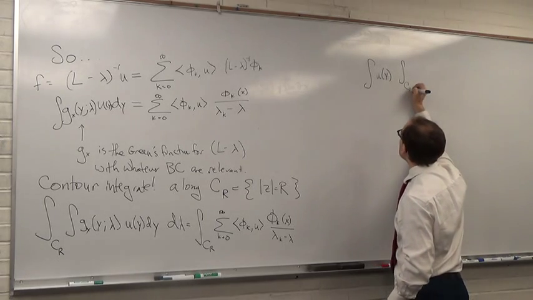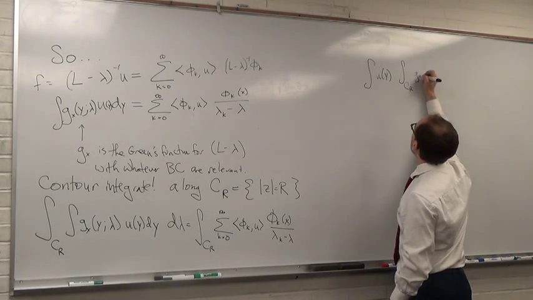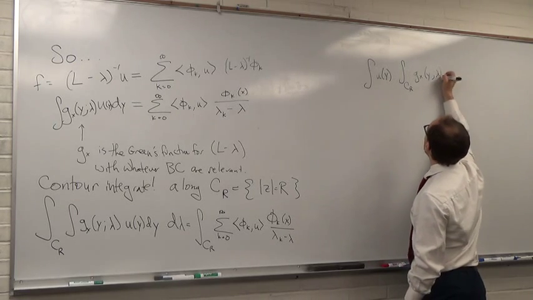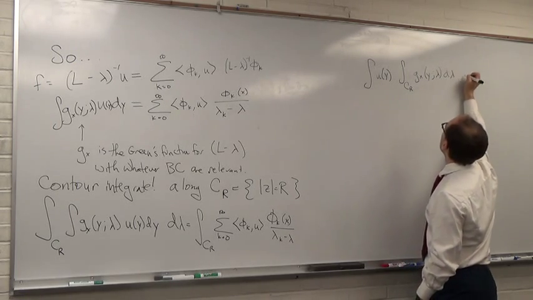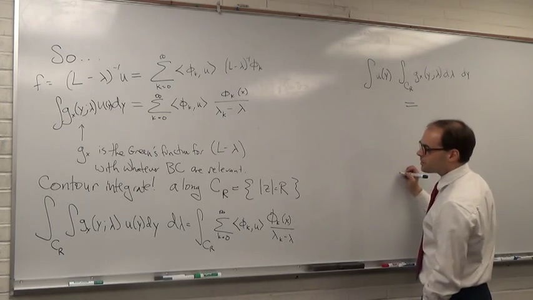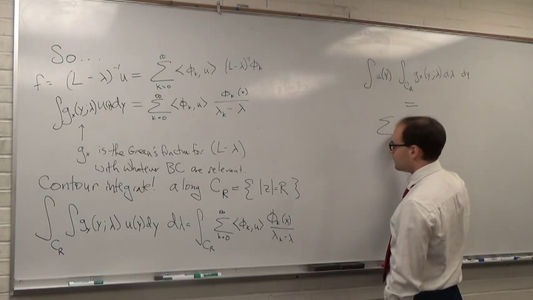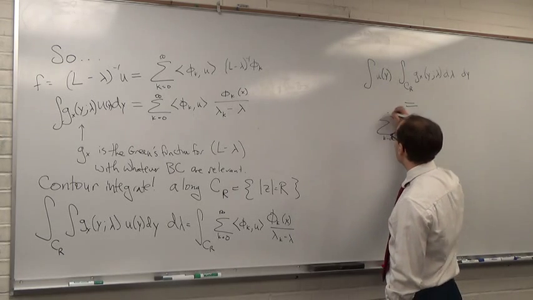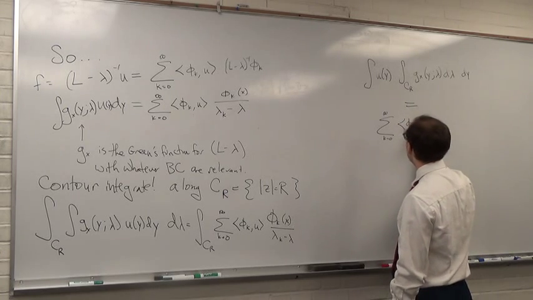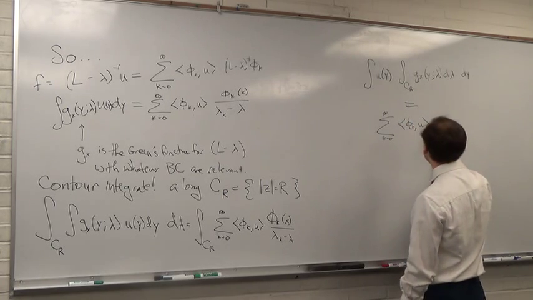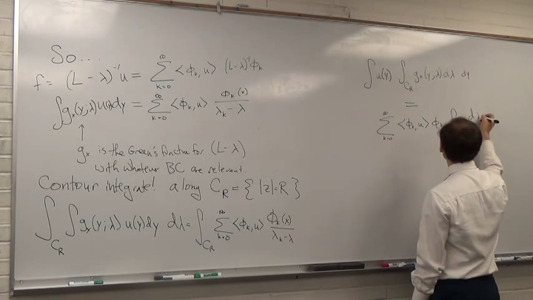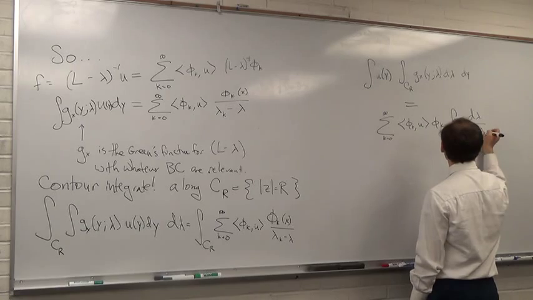The inner integral is over C_R, of g(x, y, lambda) d lambda dy, and this whole thing is equal to the sum, k equals 0 to infinity, of u_k times this contour integral, d lambda over lambda_k minus lambda.